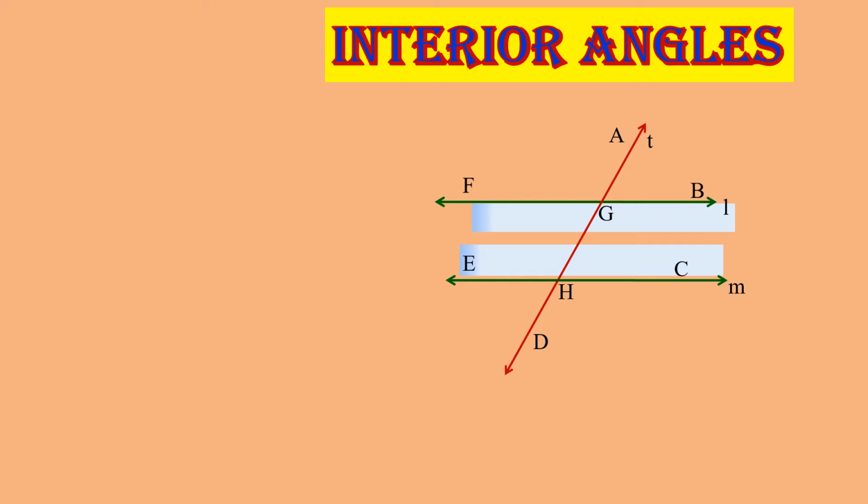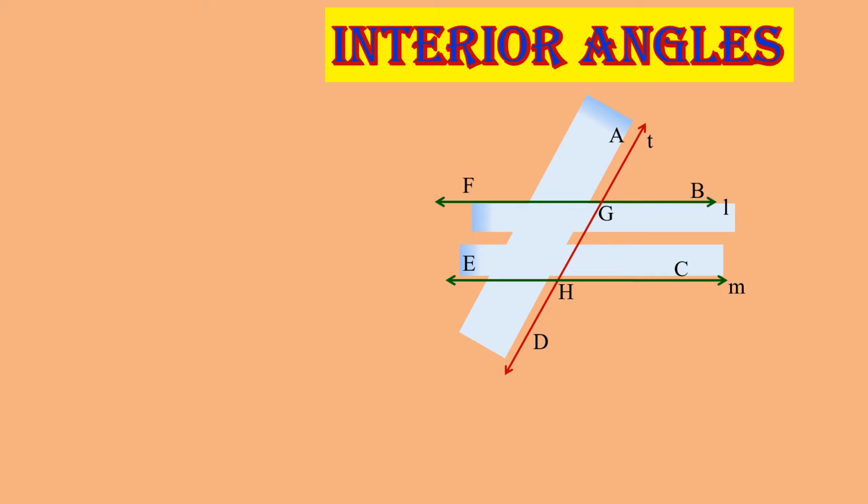We are taking two rectangular shades. As the name of the angle indicates, interior, we have placed them between the lines L and M, as you have seen. A rectangular vertical shade portion is put on one side of the transversal.